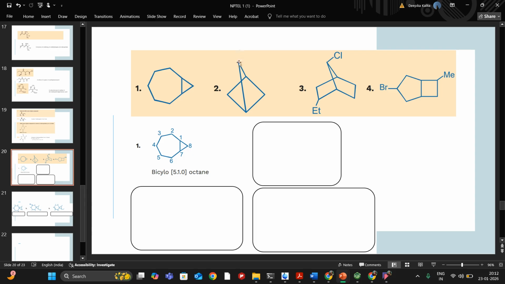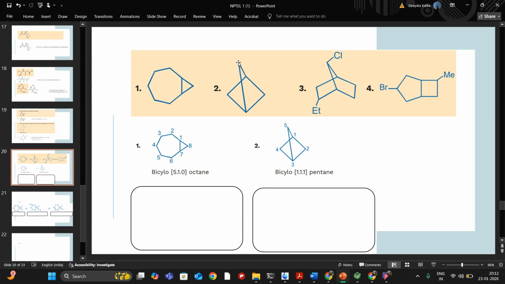And if we count the total number of carbon atoms, it is 1, 2, 3, 4, 5. Hence, the name will be bicyclo[1.1.1]pentane. Why pentane? Because the total number of carbon atoms present in the compound is 5. I hope it is clear.